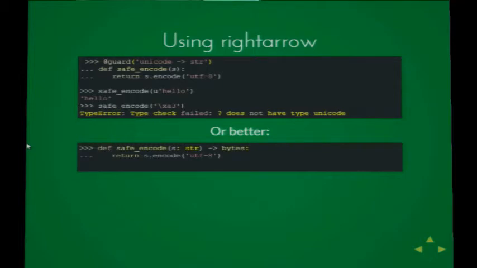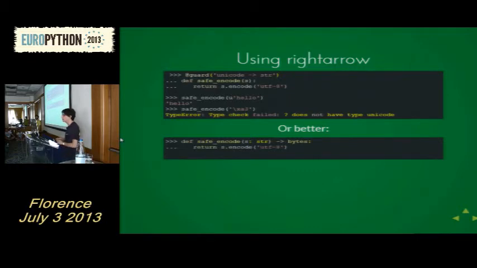And how does this work? This library is actually Python 2, so it doesn't use actual annotations. What it does is it has this guard decorator to do runtime type checking. And what you pass is the spec of the function. For example, here it's a function that takes a Unicode in Python 2 and returns a string.